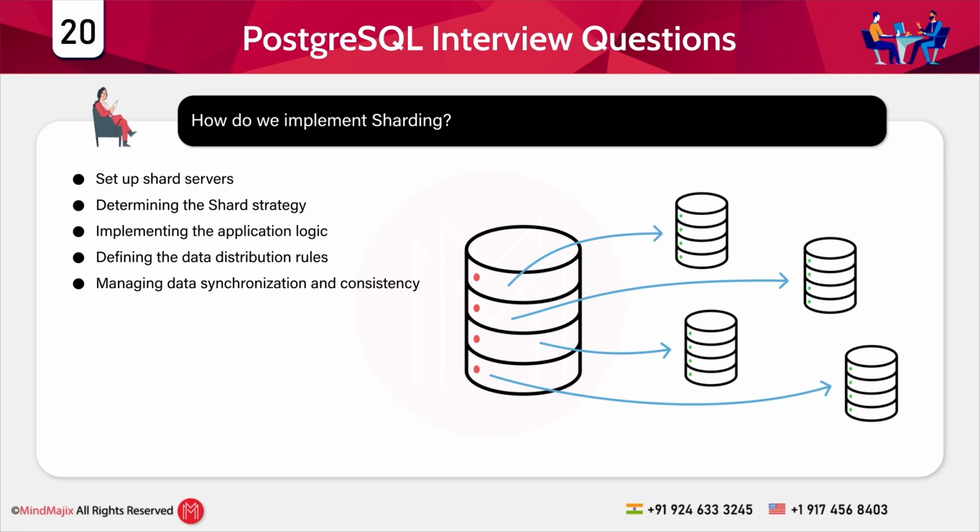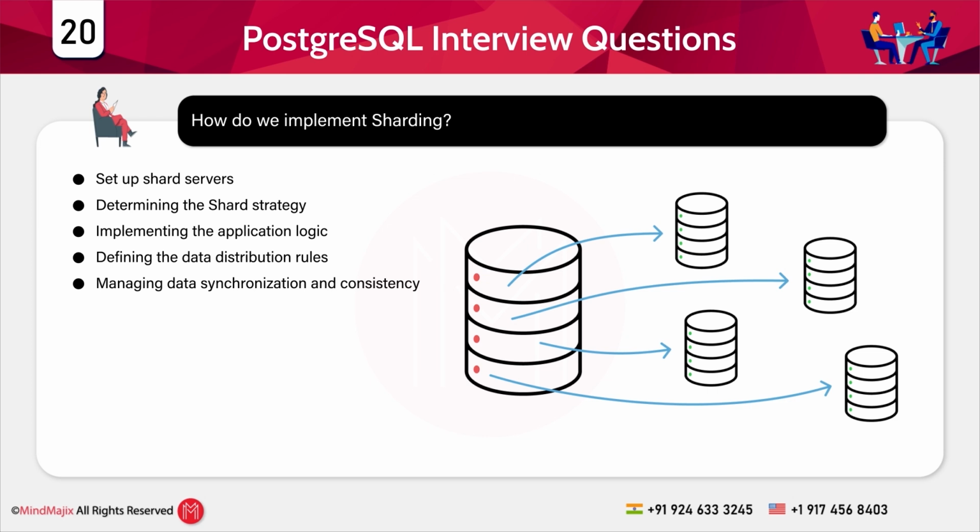The second step is to determine the shard strategy. Here you select a strategy to partition the data across the multiple shards that you have. The strategies could be hash based sharding, range based sharding, or a combination of both. The third step is to implement the application logic.